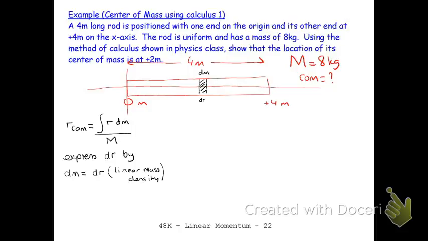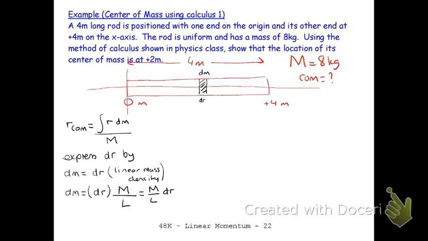But if something's uniform like a rod, you could talk about the linear mass density. It's the mass per unit length. So dm is equal to, well, the longer the dr, the more mass I have, so I just multiply by dr. And then the linear mass density will be the total mass over the total length, because it's uniform. So this equals m over L dr.